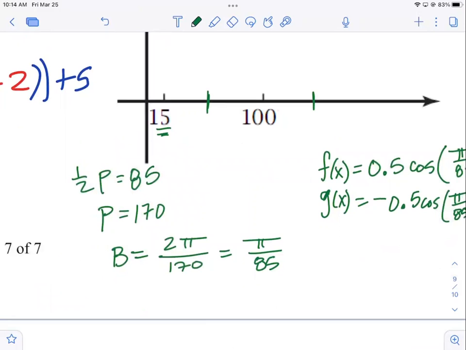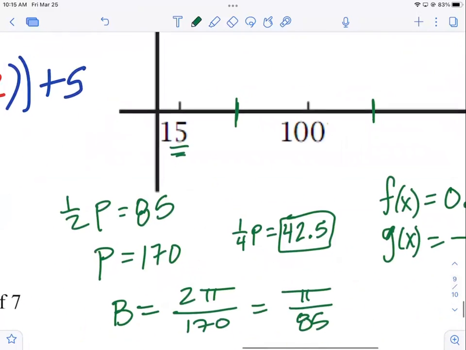If the full period is 170, half of that is 85, then the fourth of the period is either a fourth of 170 or half of 85. What's half of 85? 42.5. Yeah. And now I know how far apart every critical value is.